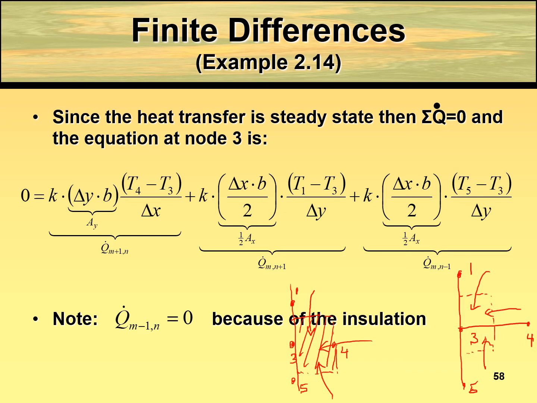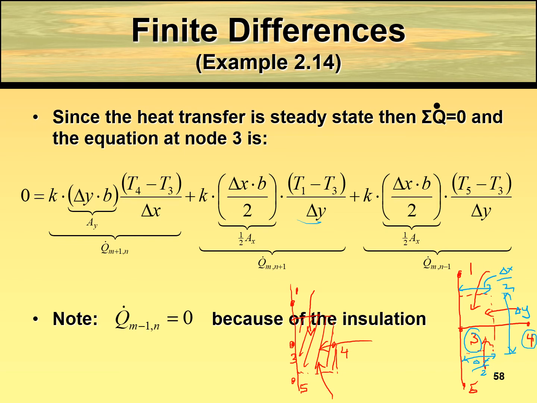Now bear in mind, what we want is this length is now delta x over 2. This entire length here is delta y, and this entire length here is still delta x over 2, right?